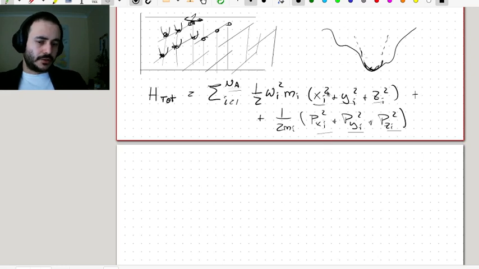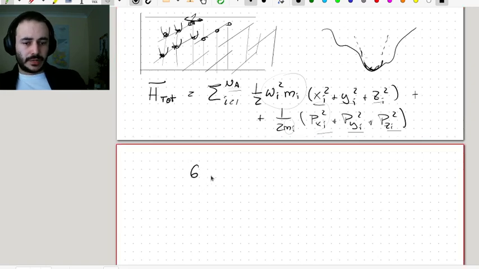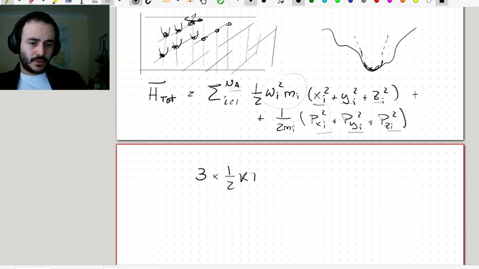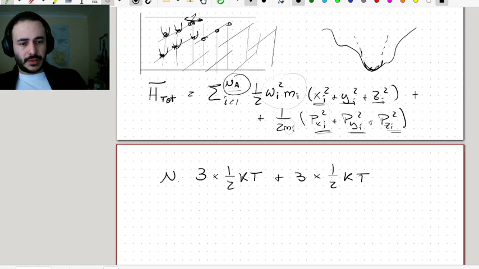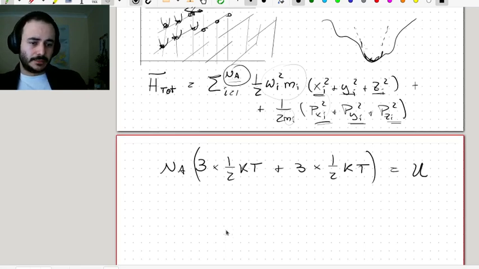There is a coordinate squared, 1/2 of that coordinate squared multiplied by some constant, and here is the same thing with the momentum. When you average the whole thing, we know from the equipartition theorem that we would have 3 contributions of 1/2 kT coming from these, and 3 additional contributions coming from those. And because we have N_A terms, it's N_A multiplying this whole thing. That gives me the internal energy of the solid.